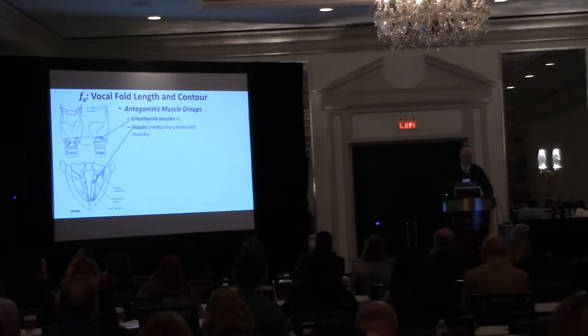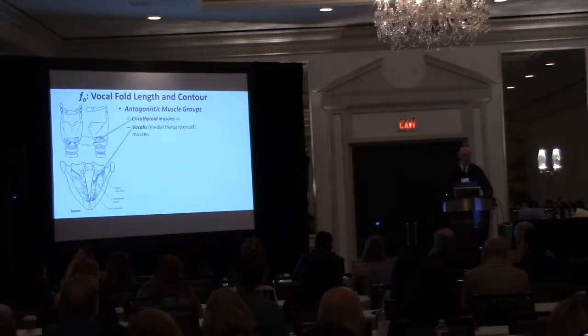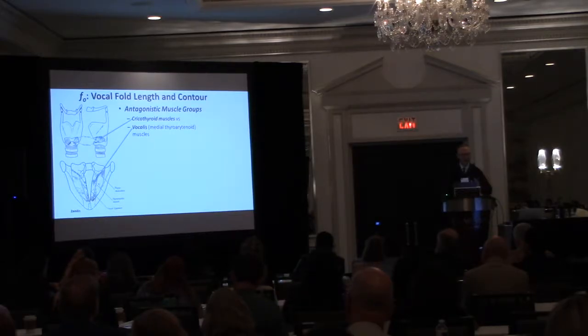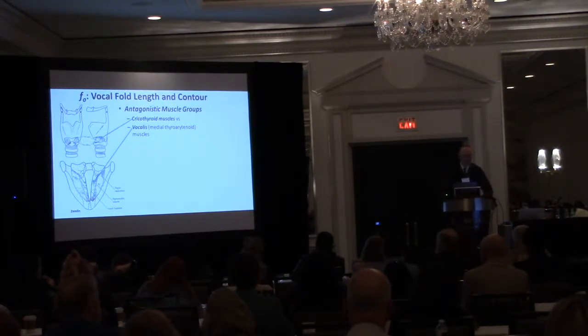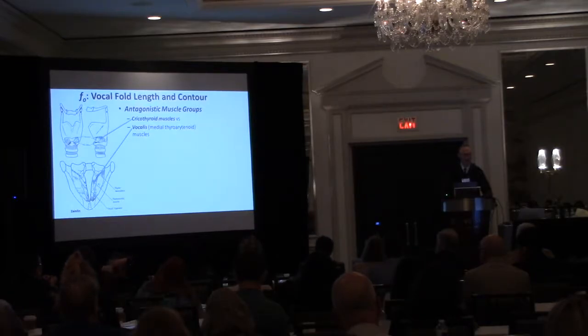As has been discussed earlier, the cricothyroid muscle goes from the cricoid cartilage to the thyroid cartilage, and as you contract that, the cricoid rises and extends the vocal fold back, in an illustration I'll show you in a second. This is antagonistic to the vocalis muscle that runs just to the inside of the lamina propria.